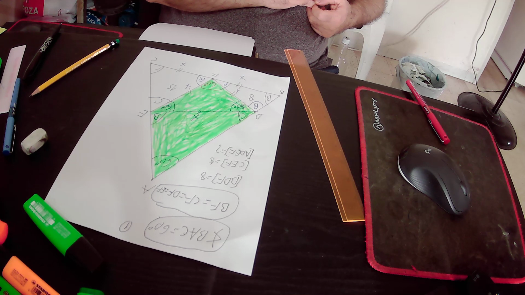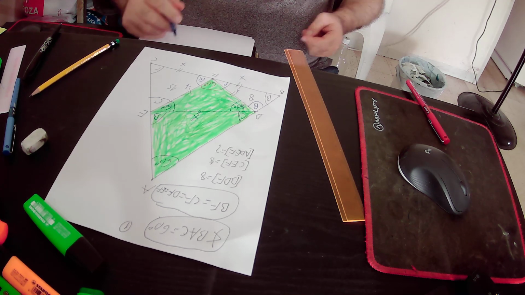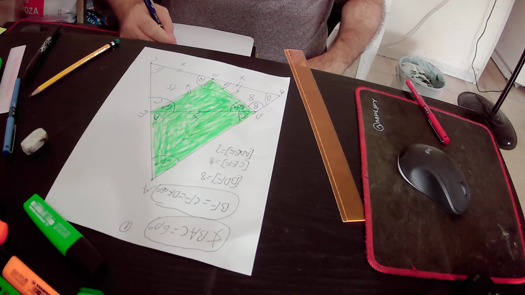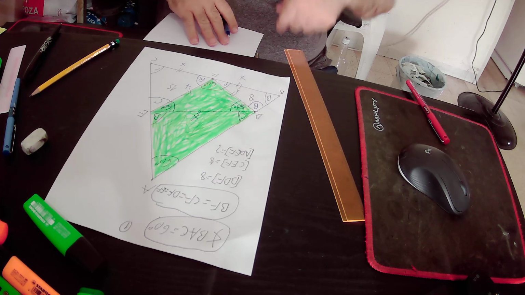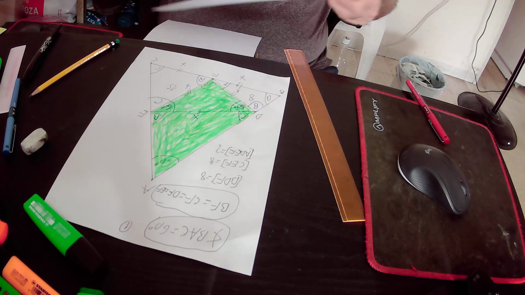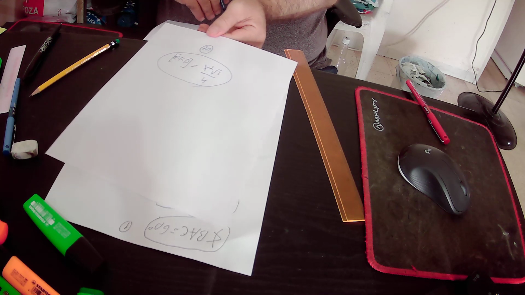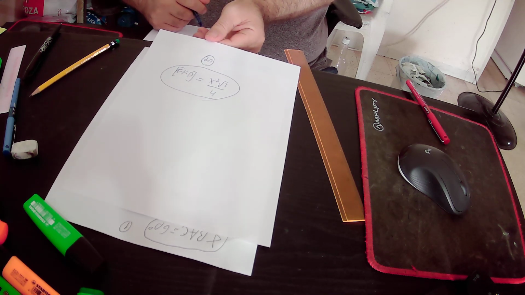Sine 60 degrees is root 3 over 2, and root 3 over 2 over 2 is root 3 over 4. So in total we got that the area of the equilateral triangle EFD equals x squared times root 3 over 4.